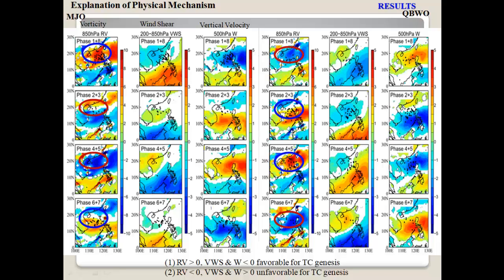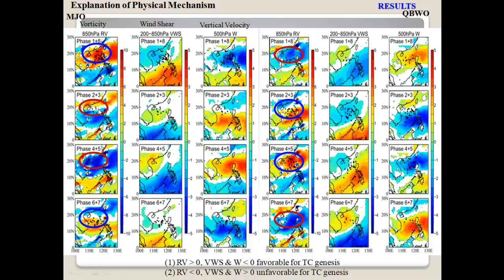It means that three of these conditions, convergence in the low level, updraft, and low vertical wind shear, are favorable for the convective system to be active in the TC warm core. So it explains why in the active phase of MJO we have more TC genesis than climatology.